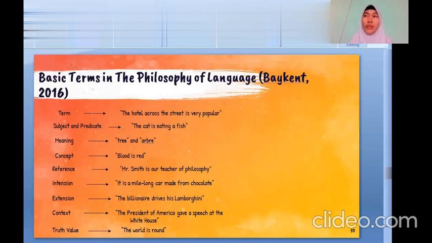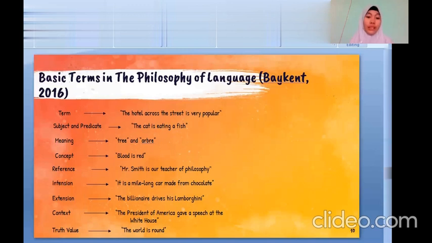The person is also called the reference. So Mrs. Smith is a reference as a person, and Mrs. Smith is a person that actually exists in the world and actually teaches philosophy.